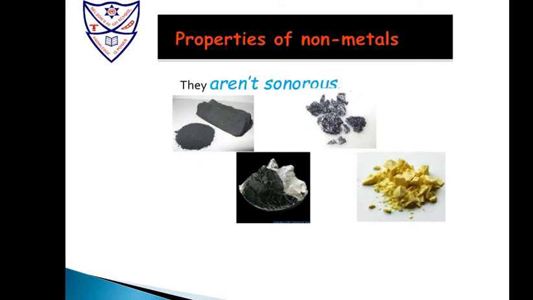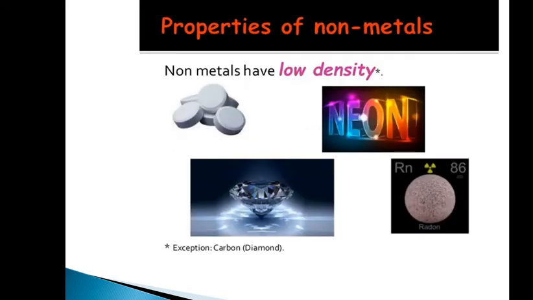So these are some examples of non-metals: sulfur, carbon. Next, non-metals have low density, lightweight. Neon, radon have low density. Except carbon, which is heavy; others are low density.